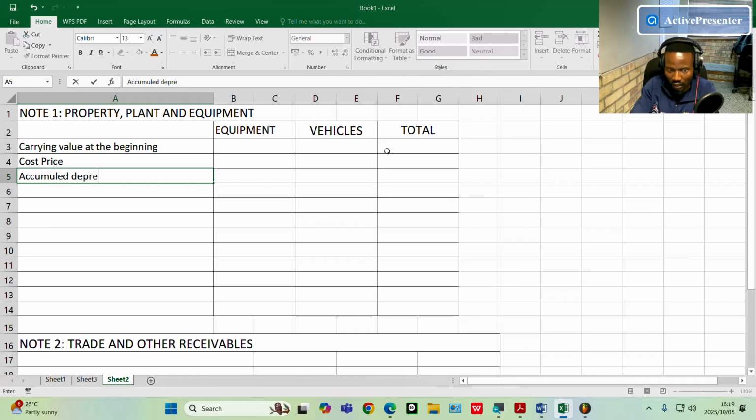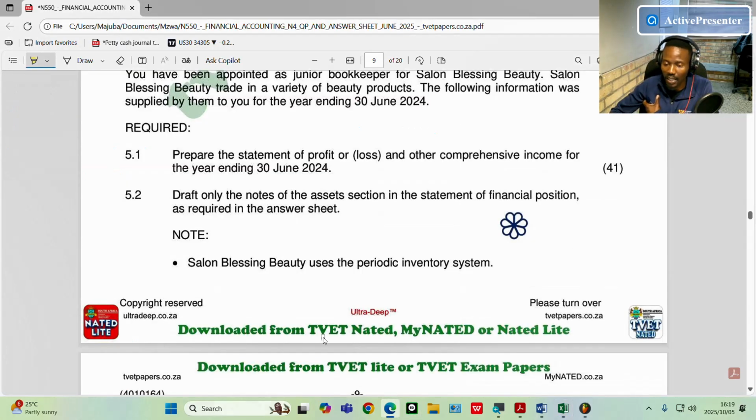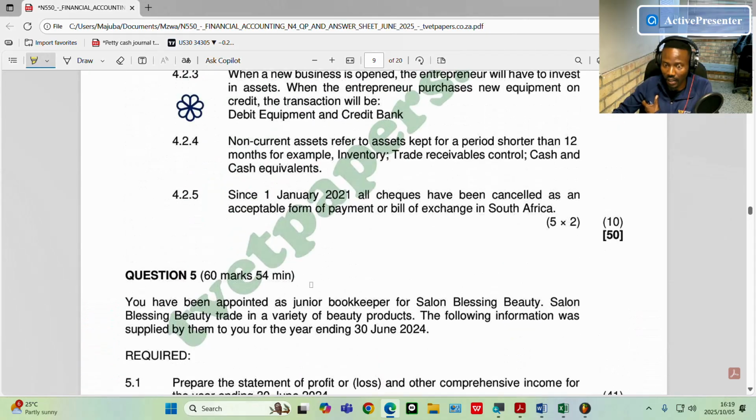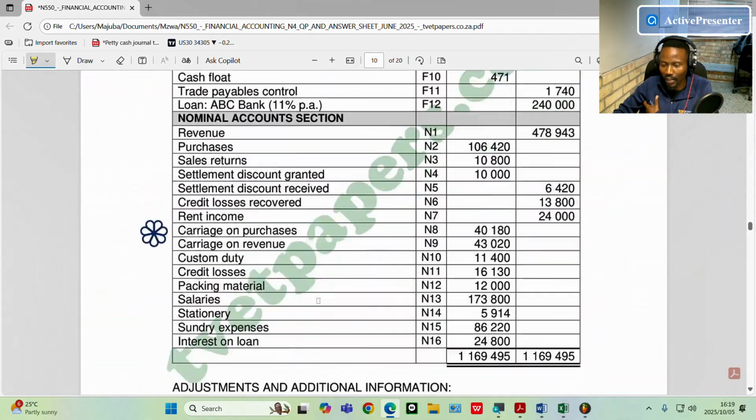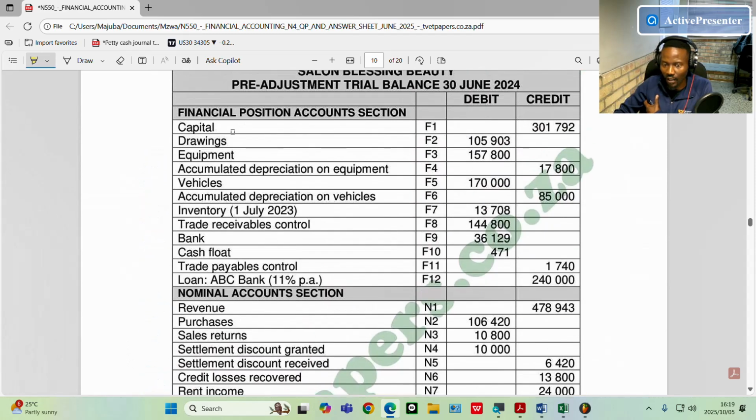That's how we'll get the carrying value at the beginning. Okay, so you shoot straight to the trial balance, looking at the financial position account section. Obviously, we are going to be looking at equipment and vehicles.